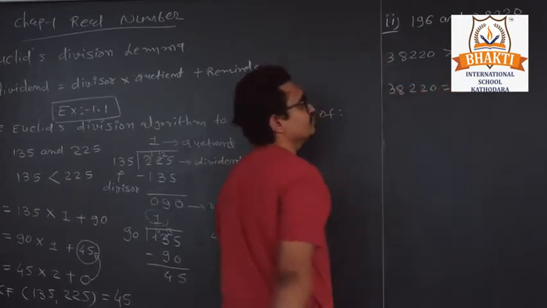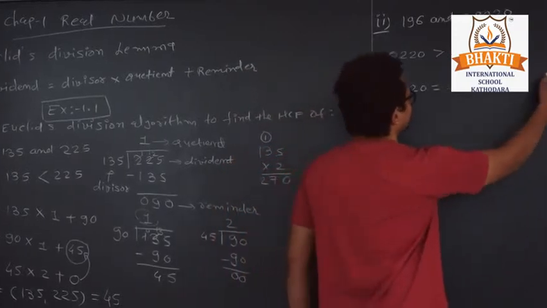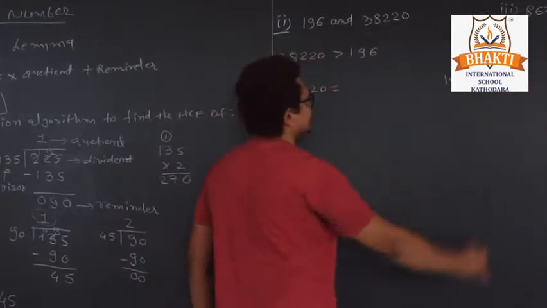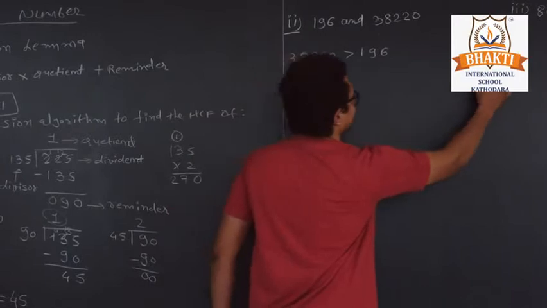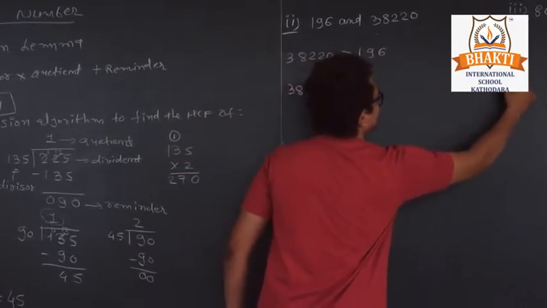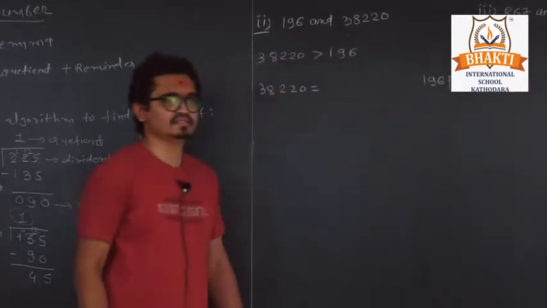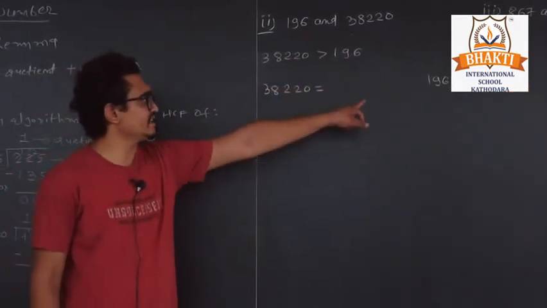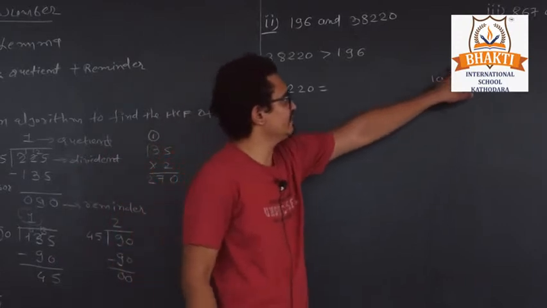So first of all, we can perform the division. 196 is divided into 38,220. We start with 196 ones are 196.